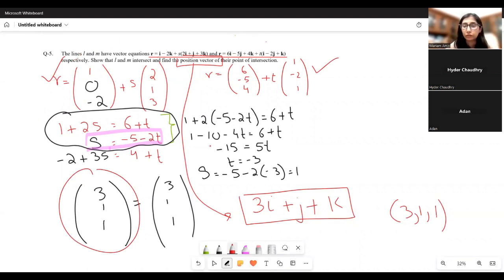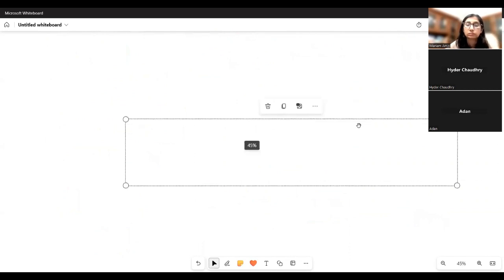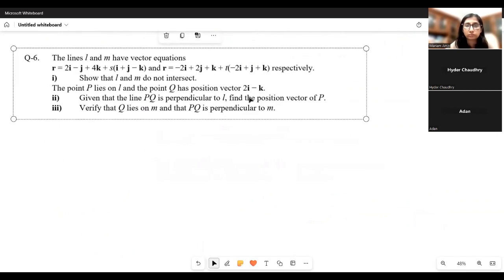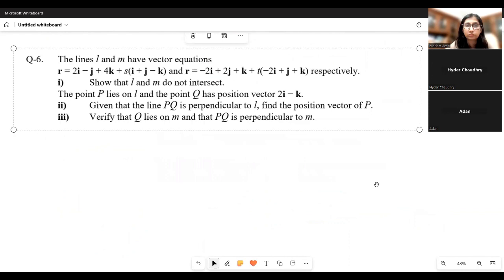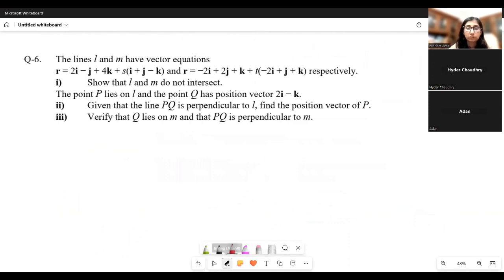So this was question 5. Let's do question 6. The lines L and M have vector equations, this and this, respectively.